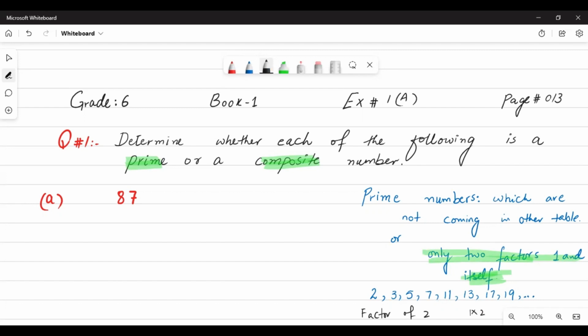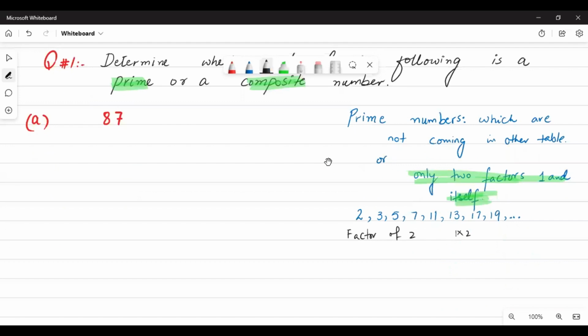But what are the composite numbers? The composite numbers are those numbers which can be divisible by any other number too. Like if I am talking about 4, what will be the factors of 4? 1 four is 4, then 2 twos are 4.